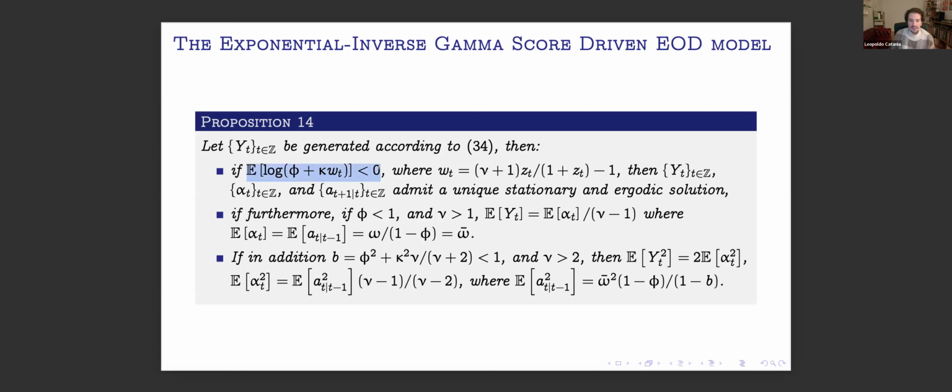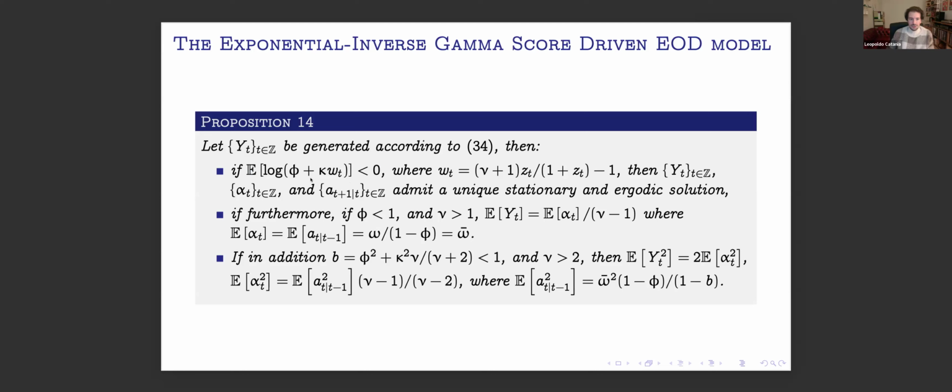Here we have something very similar to the condition we have in a GARCH model for strict stationarity. And then we have weak conditions for existence of the mean and conditions for existence of the variance.